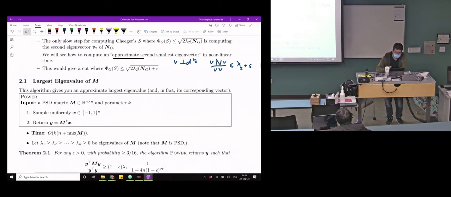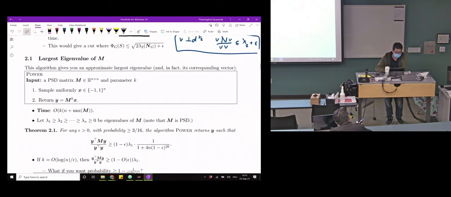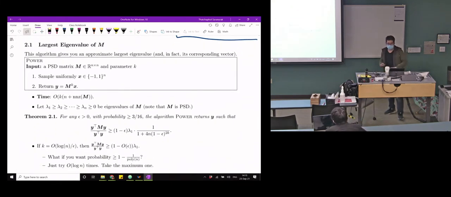But before telling you how to get this, let's look at a simpler problem. You will see that it will be related at the end.